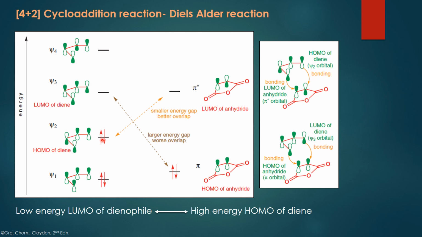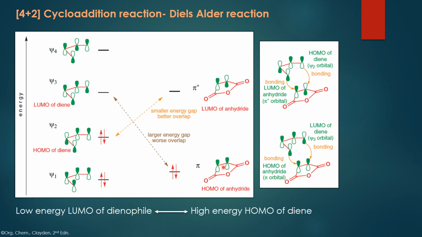So in the normal condition, that means in thermal condition, the HOMO of the diene is psi 2 and the LUMO of the diene is psi 3. And what happens with maleic anhydride? Maleic anhydride is a 2 pi component system, and there is only 1 pi bond or 2 pi electrons, so it has pi and pi star.